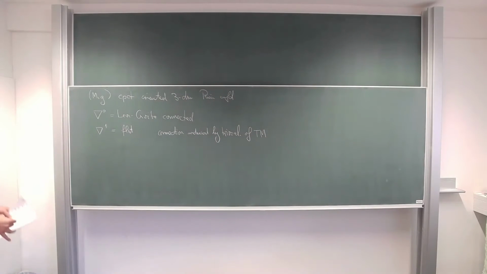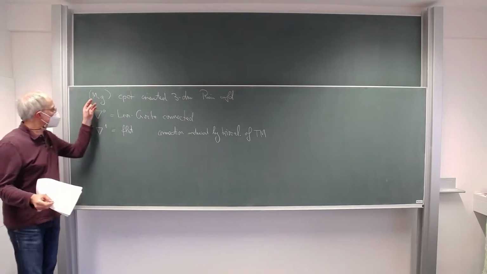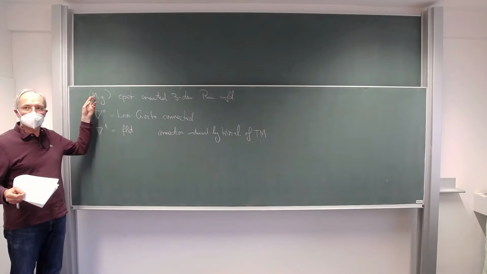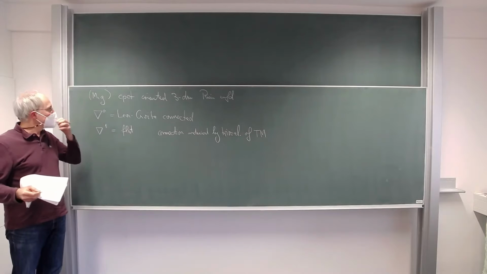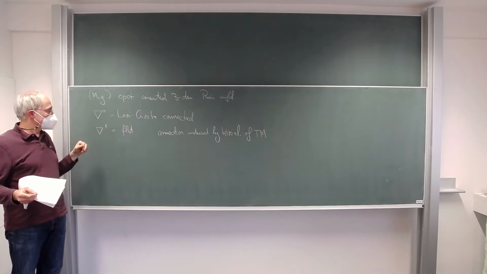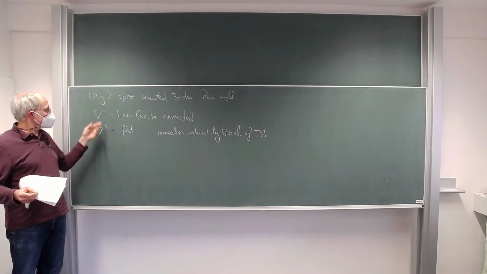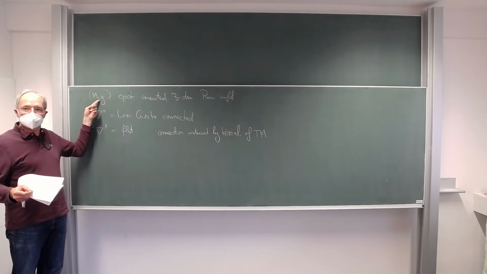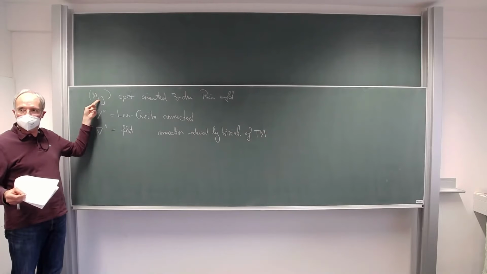Now, the tangent bundle of a three-dimensional oriented manifold is always trivial. So now we have a metric, but the tangent bundle being trivial means I can find a global frame field on that manifold.